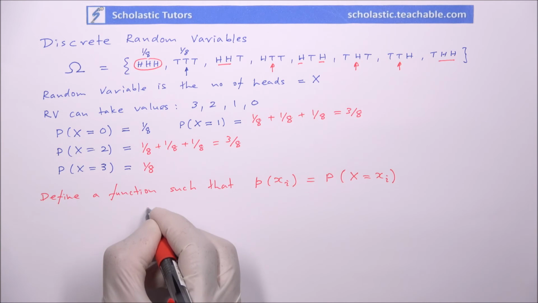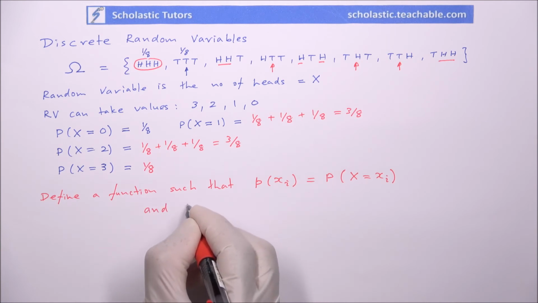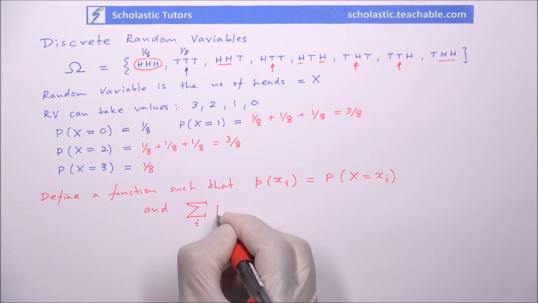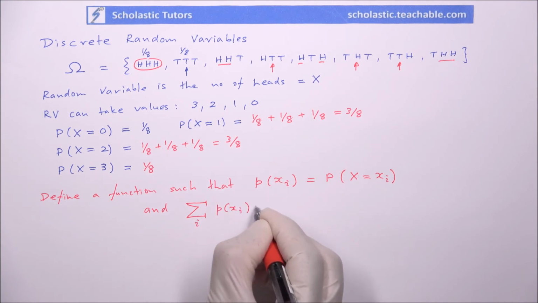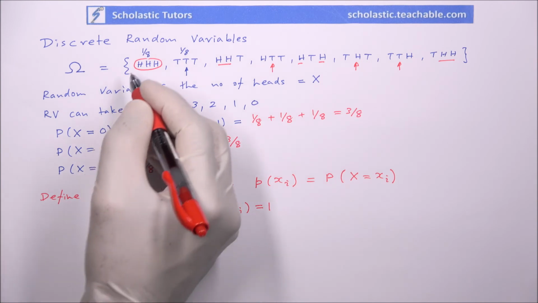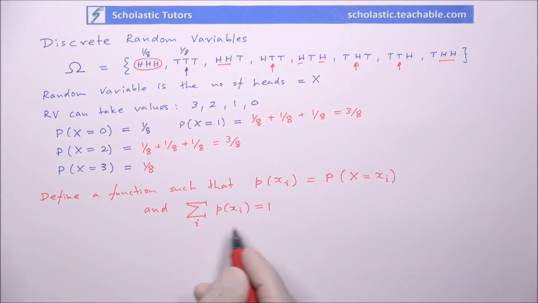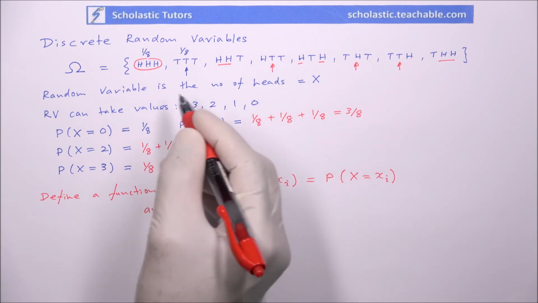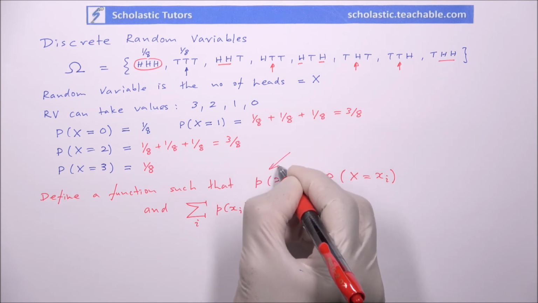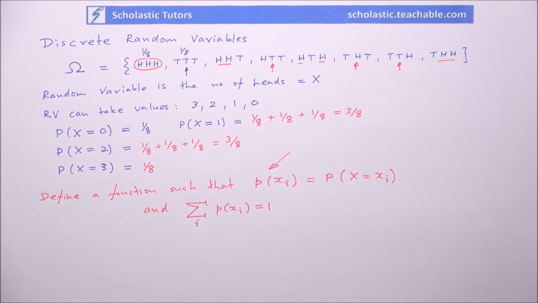And here we should know that the sum over i of p(xi) should be equal to 1. If you add all the probabilities, it should be equal to 1 for this sample space. This function is actually called the probability mass function.